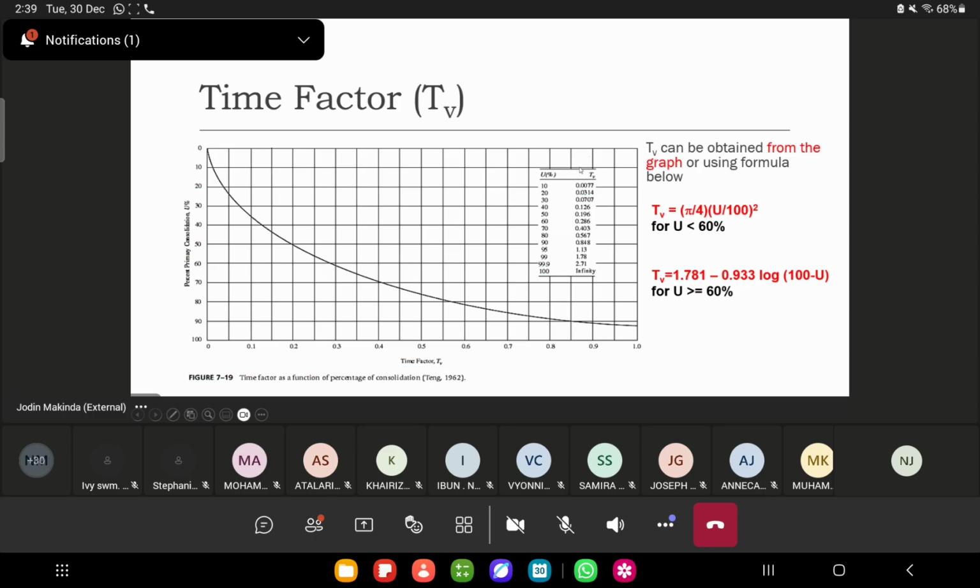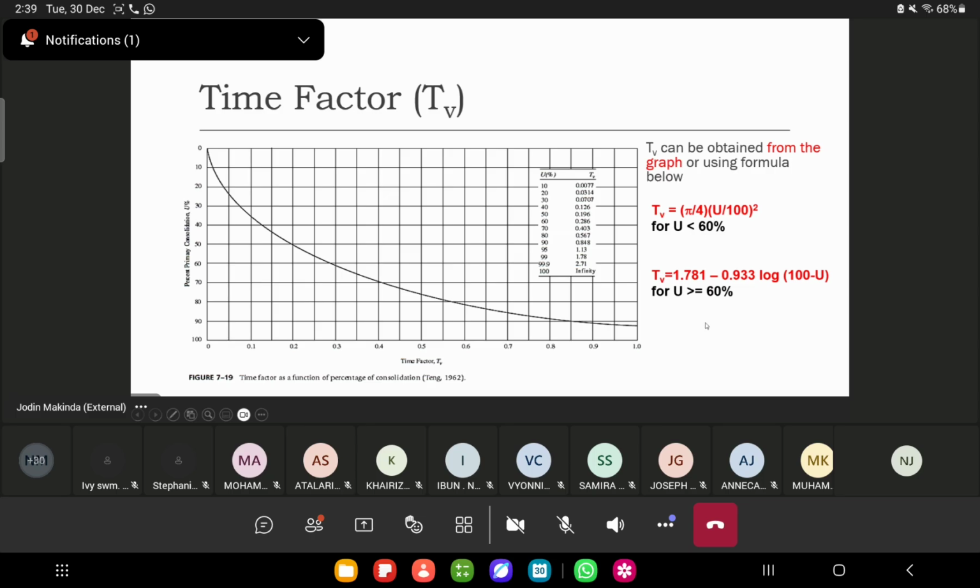Alternatively, you can also use the equation on the right side. Time factor on the top here is pi over 4 times U over 100 squared. This one is for U less than 60%.